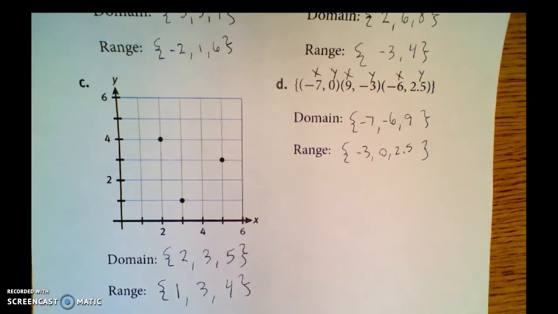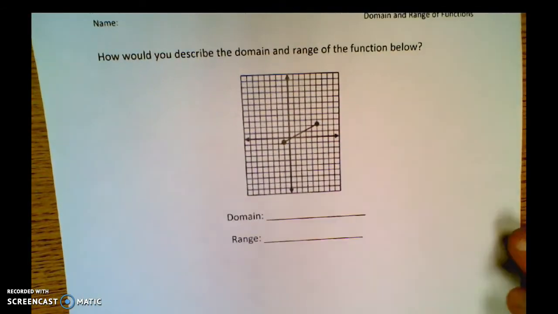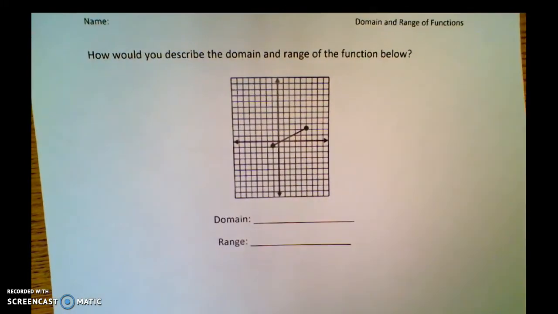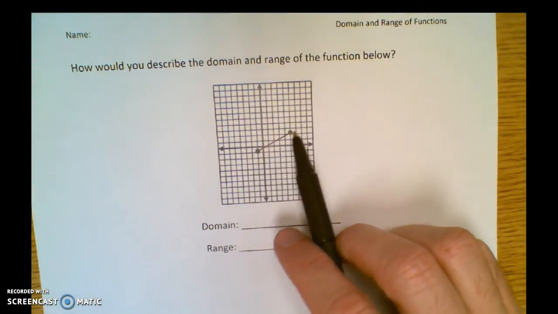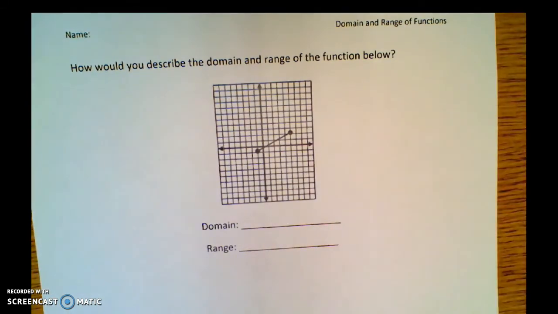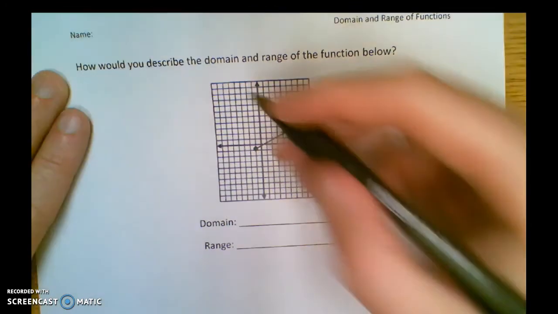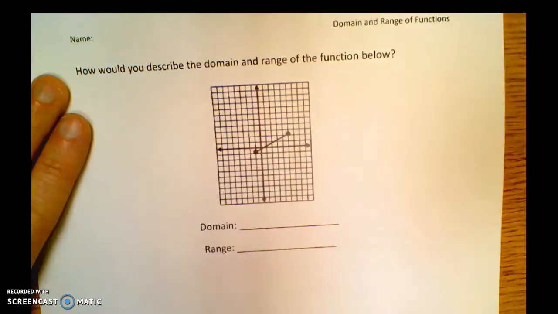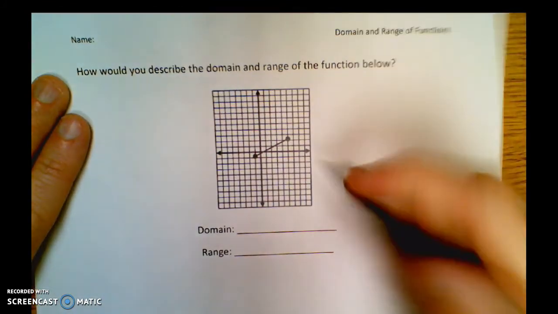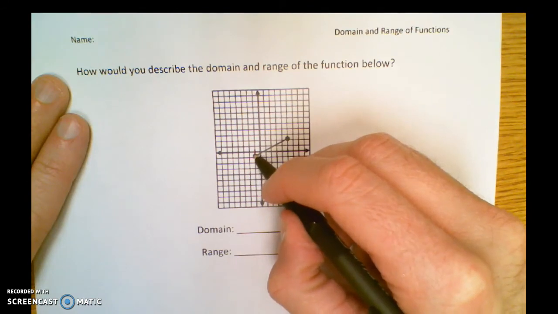One last practice. Sometimes you'll see a graph and it'll ask you to describe the range and the domain for the function listed. When it's listed as a graph, you have to list all the possible answers that could possibly fit into the domain. So we use inequality symbols to do this one. So if you take a look, for this graph, the furthest to the left I can go is -1, because that's where this endpoint is located.